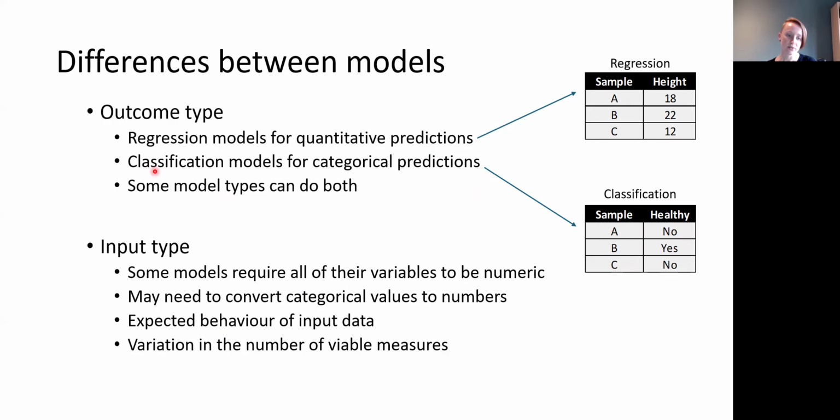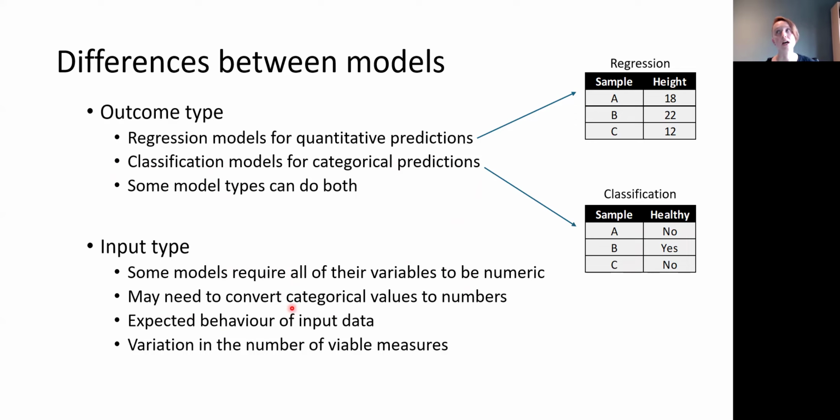And the other consideration is the input type of data that we have. So some models require all variables to be numeric. So we might need to do some pre-processing to meet these requirements. So for example, converting categorical values into numbers. And also some of them have expected behavior of our input data.